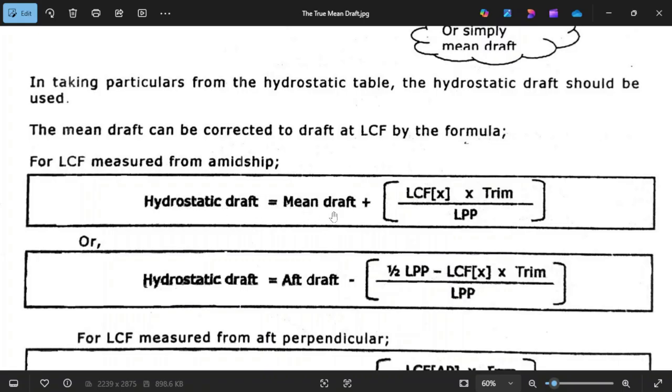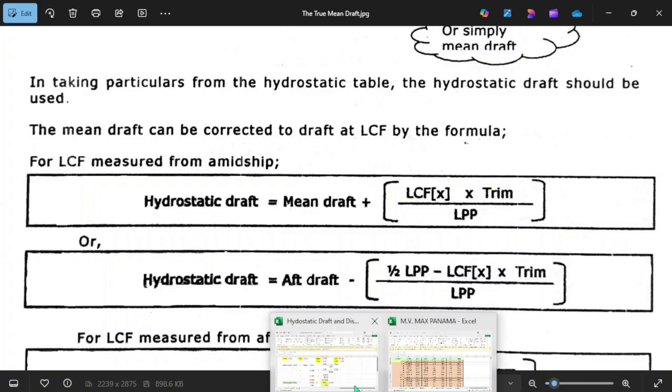Or this is another formula: hydrostatic drop equals aft drop minus (1/2 LPP minus LCF) times trim over LPP. What is LPP?